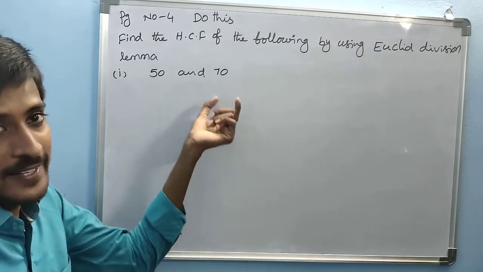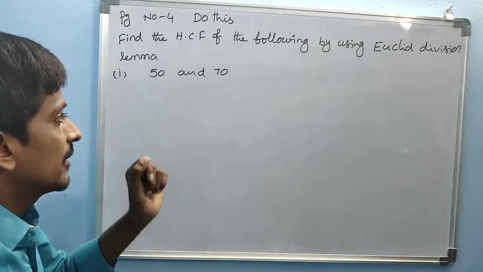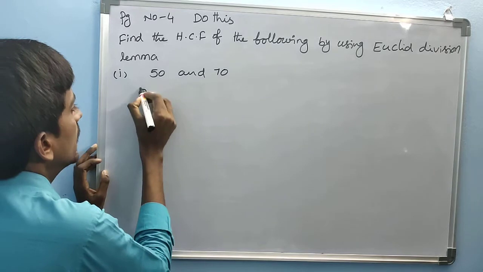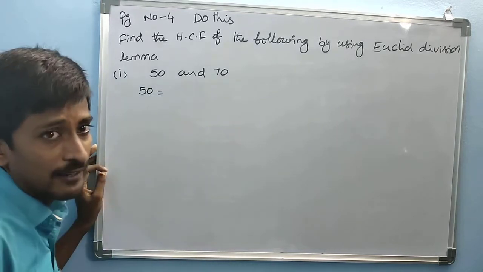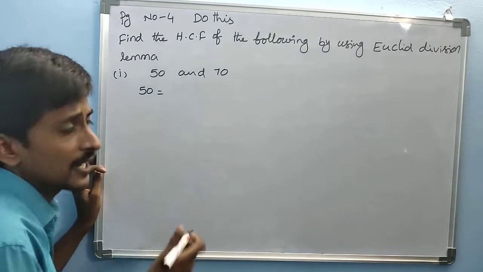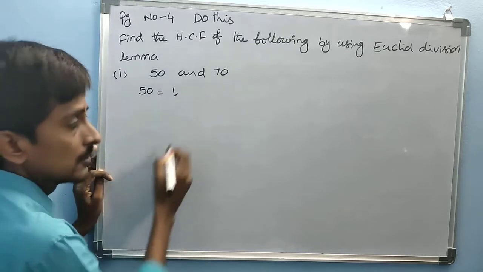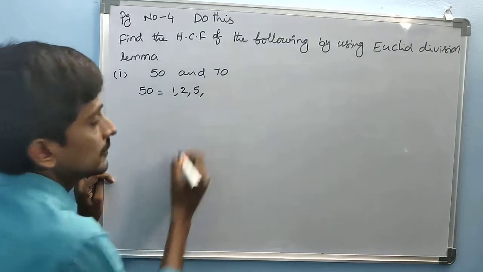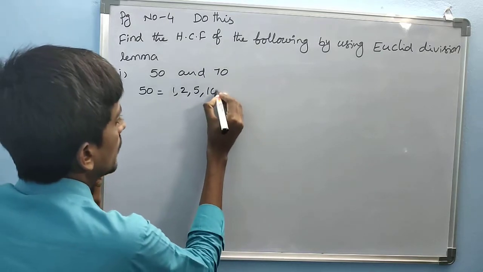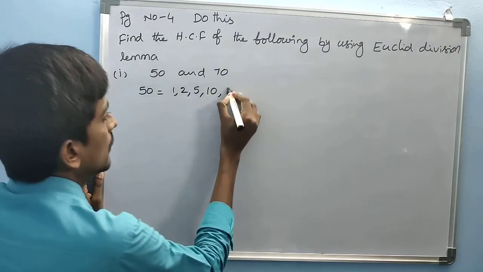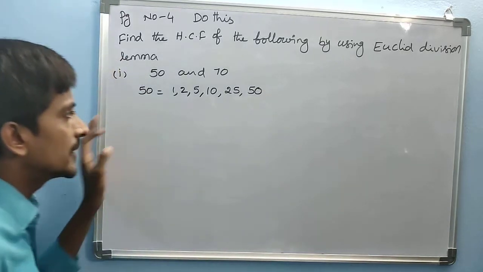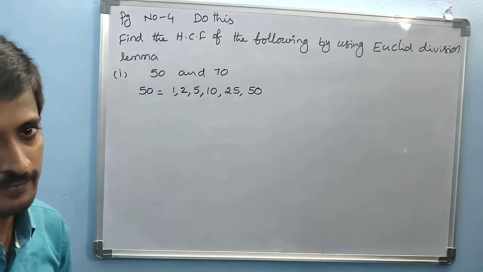Highest common factor, for example in the factorization method: what are the factors of 50? 1 table, 2 table, 5 table, 10 table, 25 table, and 50 table. These are the factors of 50.